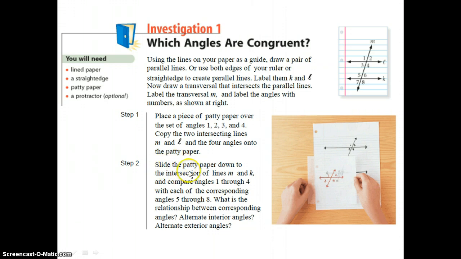Then it asks you to slide your patty paper down on top of the intersection of M and K, so basically the lower one. You copy these upper angles and slide them down onto these lower angles. Then it asks, what do you see happening? What is the relationship between corresponding angles, alternate interior angles, and alternate exterior angles?